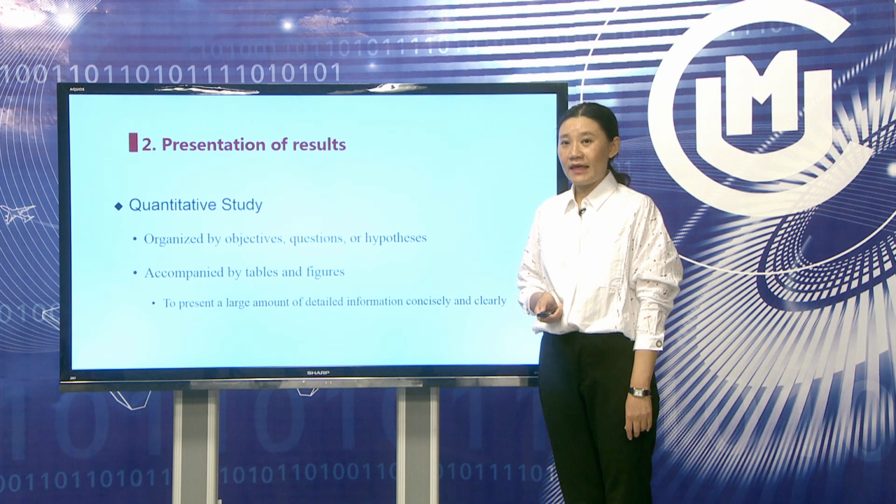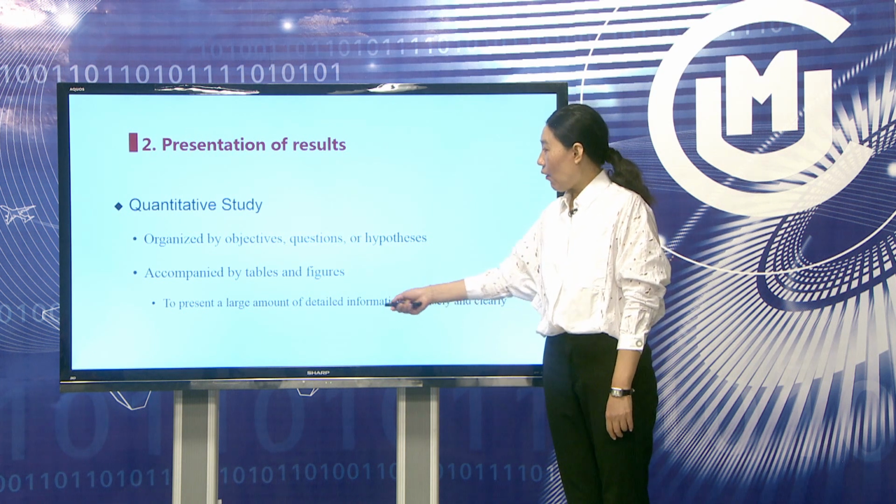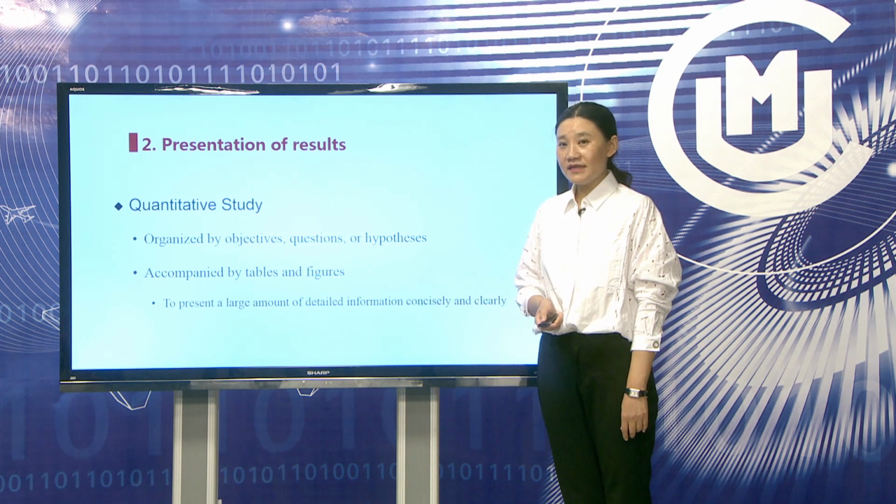Statistical results can be reported in narrative description accompanied by figures or tables. In this section, figures and tables are used to present a large amount of detailed information concisely and clearly. They are both an important way to economize on space and to avoid dull, repetitious statements.